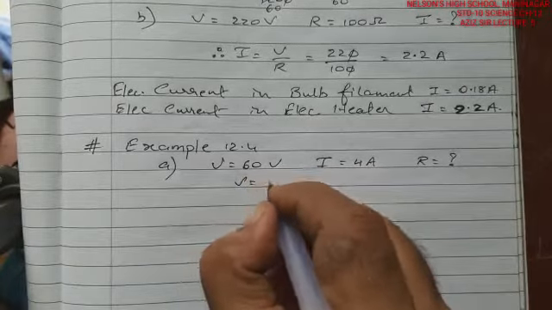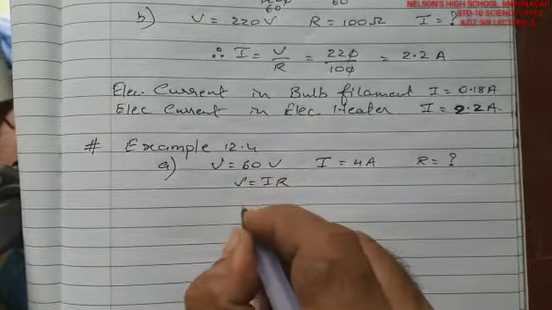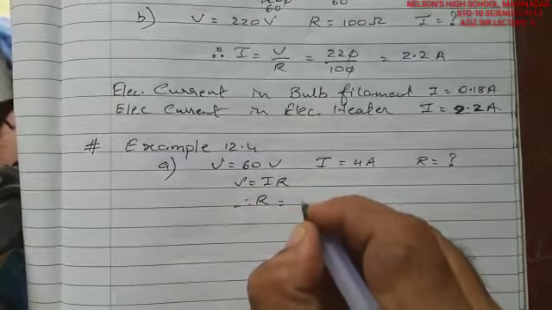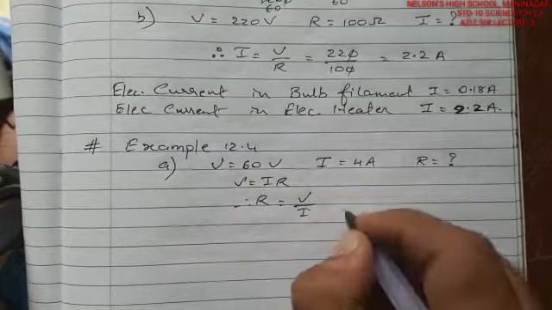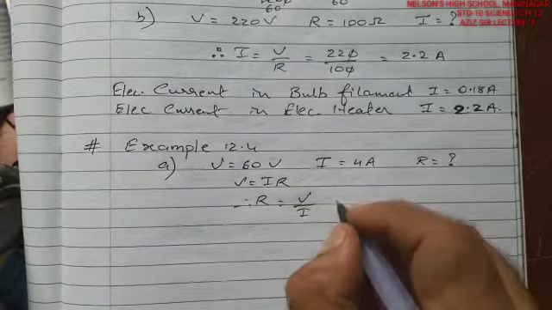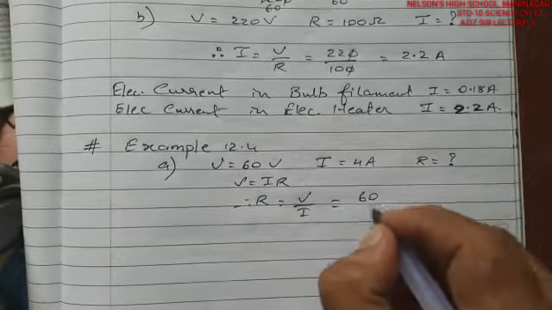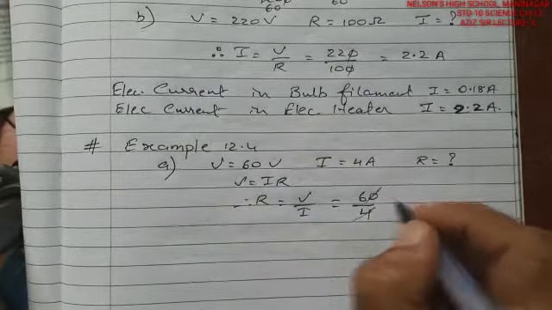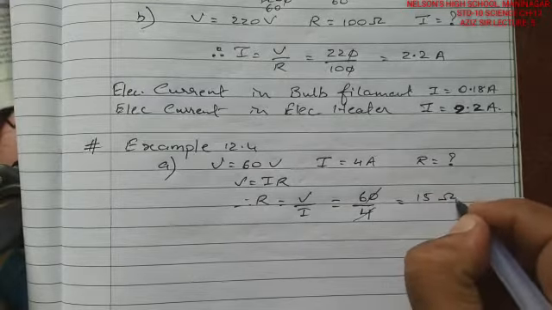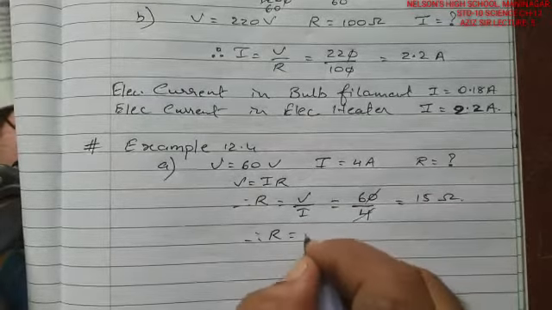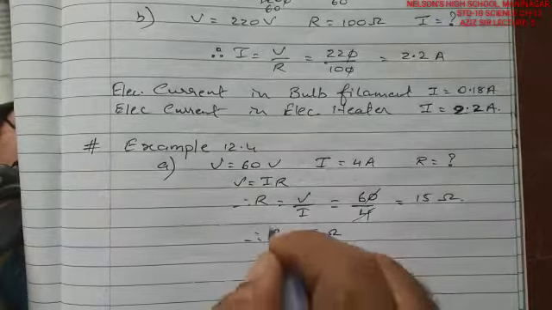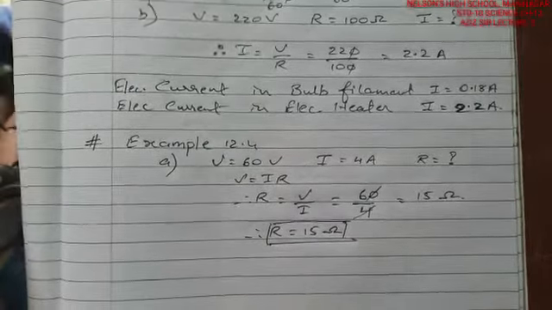We know that V is equal to I into R. Therefore R comes out to be V upon I. Keeping the values, this is 60 and this is 4, cancelling comes out to be 15 ohms. So resistance is 15 ohms here.